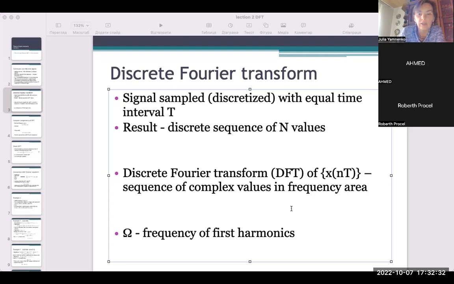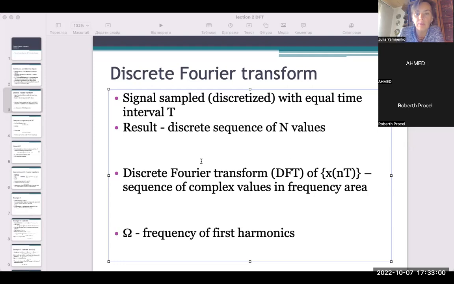And here on the slide, you can see formula number 1 that reflects the procedure of calculating the direct discrete Fourier transform. So this is a formula that allows us to calculate the Fourier spectrum X from k, a discrete spectrum, when we know the original function x small from nT.